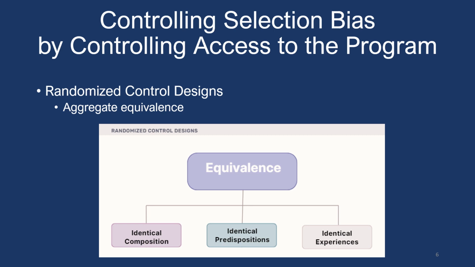If, for example, hair color, again, is believed to be entirely unrelated to our program outcomes, we don't need to worry about group equivalence in this area. But if level of education does impact the outcomes, we want to ensure that the two groups are equivalent.